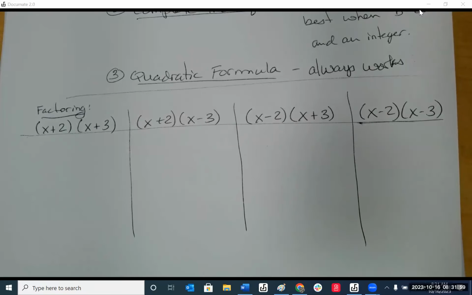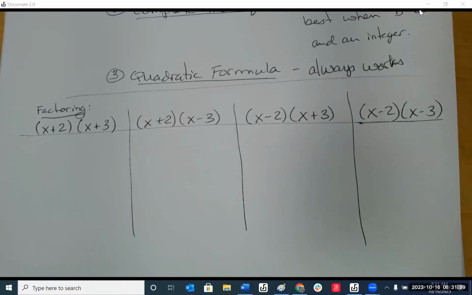Each only has two terms. So we have two terms here and two terms here. When we multiply them together, how many terms will we have? 2 times 2 is 4, so we should have 4 terms when we first multiply them.